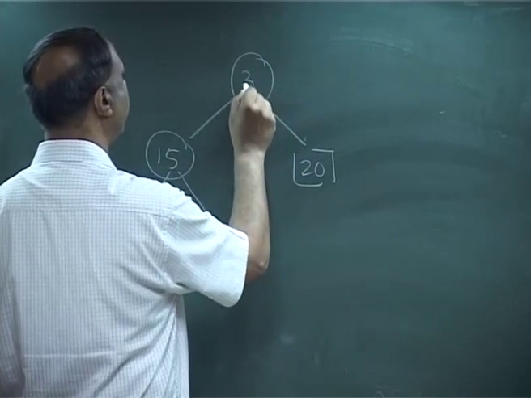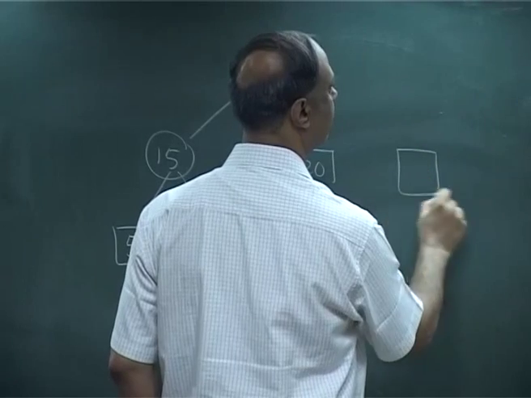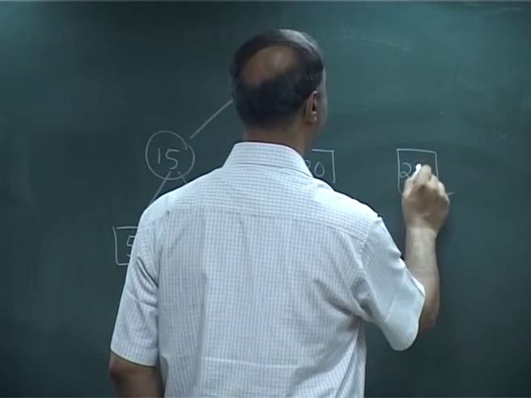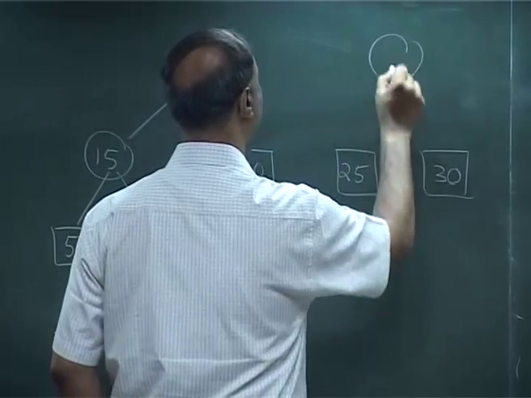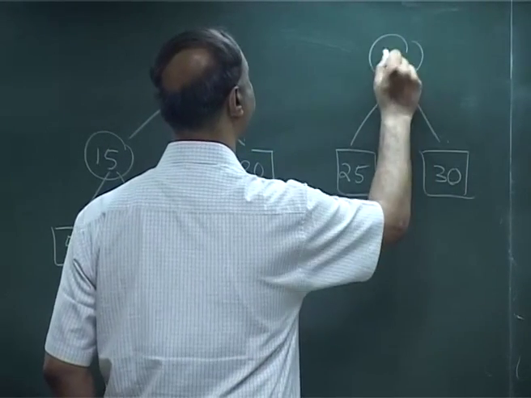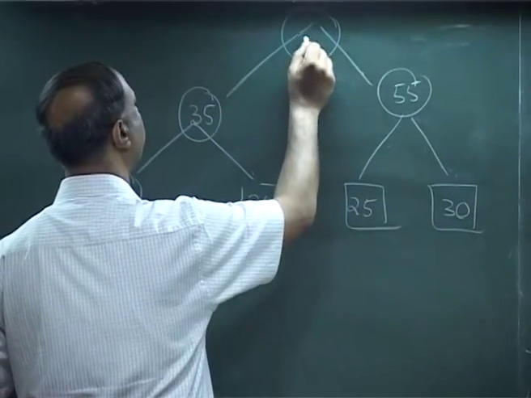You get 35, and then on this side you get 25 and 30, you get 55, and you get 90.